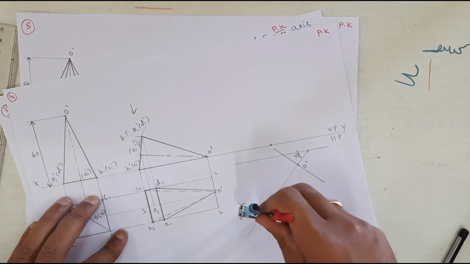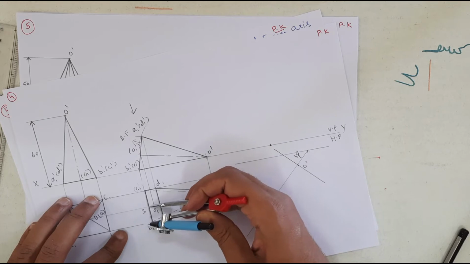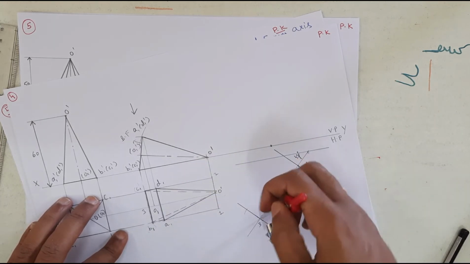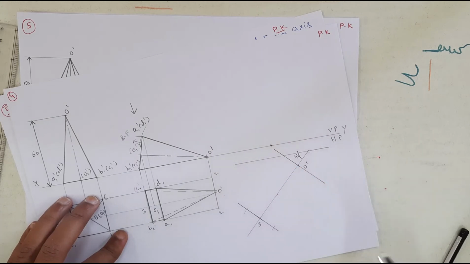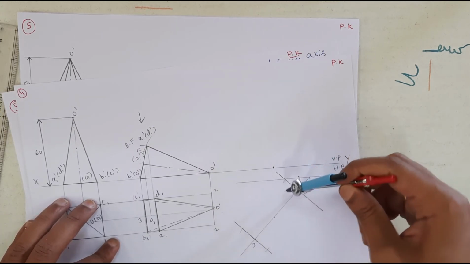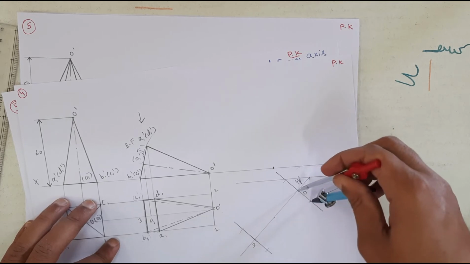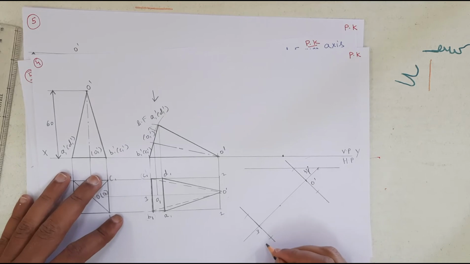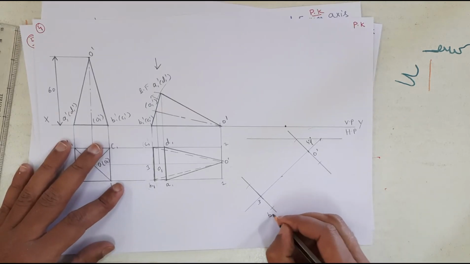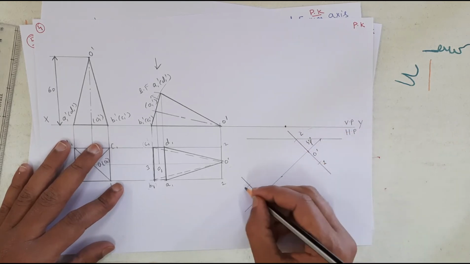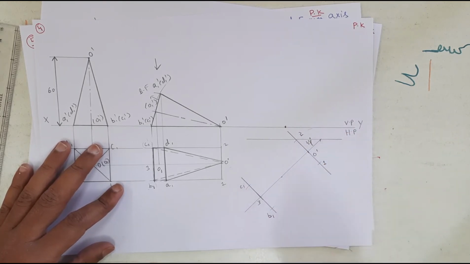It will be the same for 3 to B1. In the same way, you have to mark 2 as well as 1. So I marked it. So this one is B1, this one is 1, 2, and this one is C1.